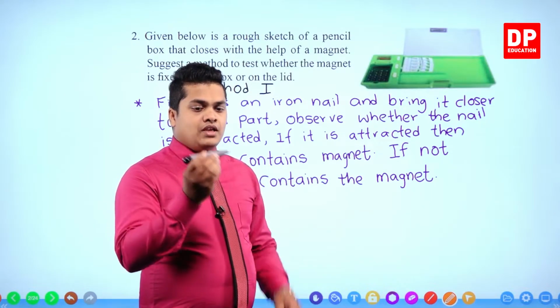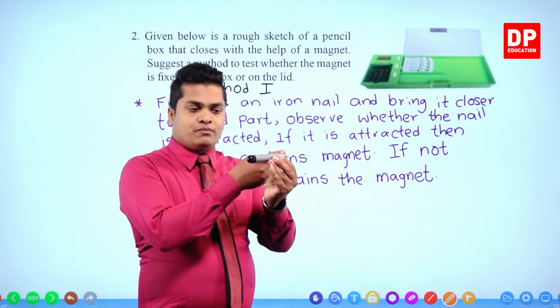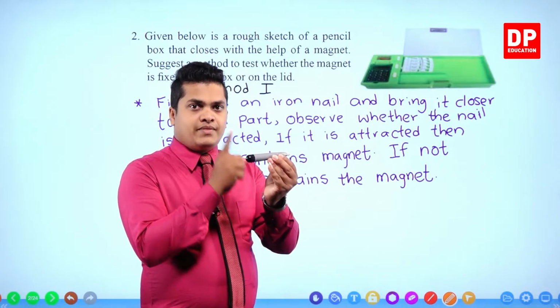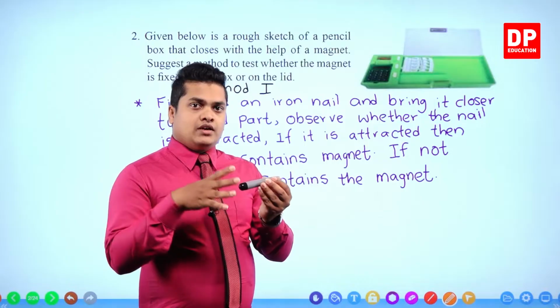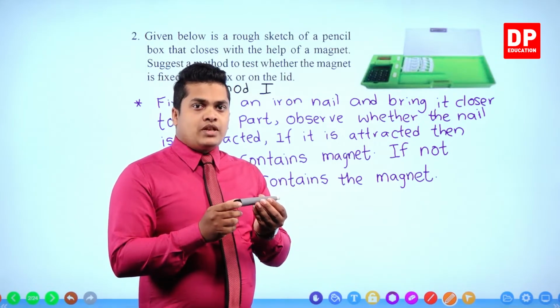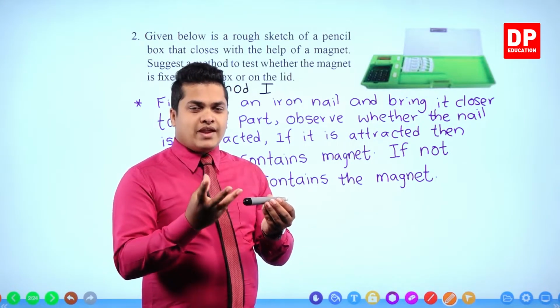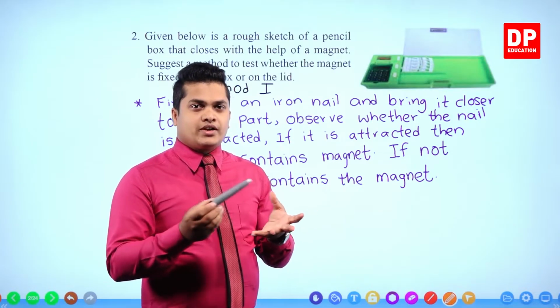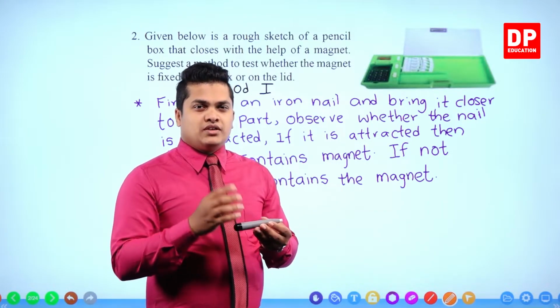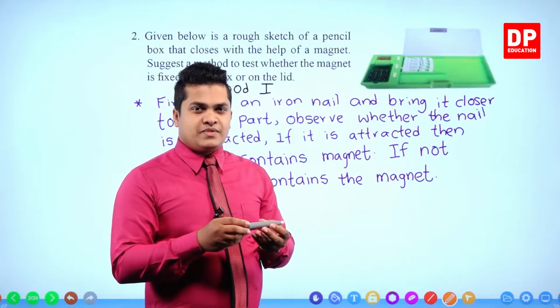It's really simple. We'll imagine this is my north pole and this is my south pole of the magnet. Or else you can use an unknown magnet, a magnet you can find in a small motor or in a speaker.